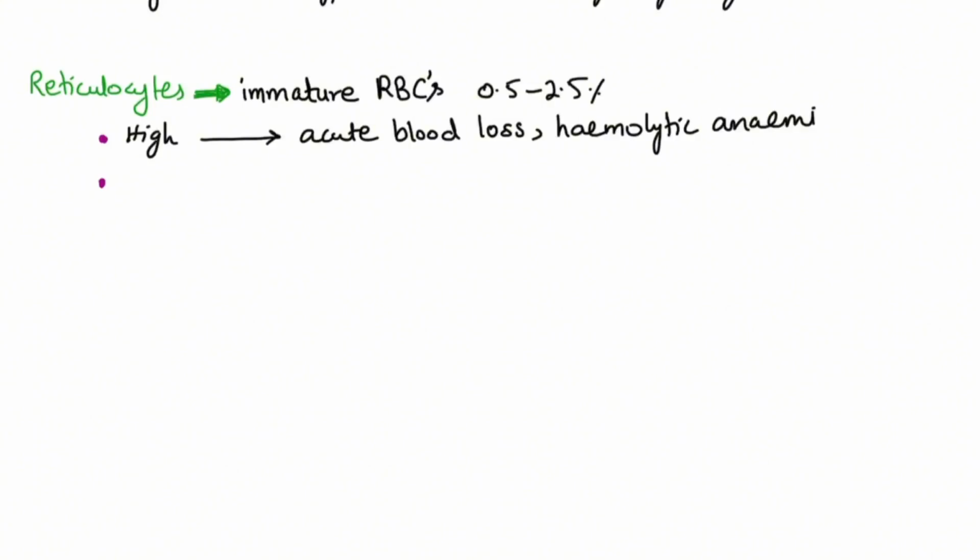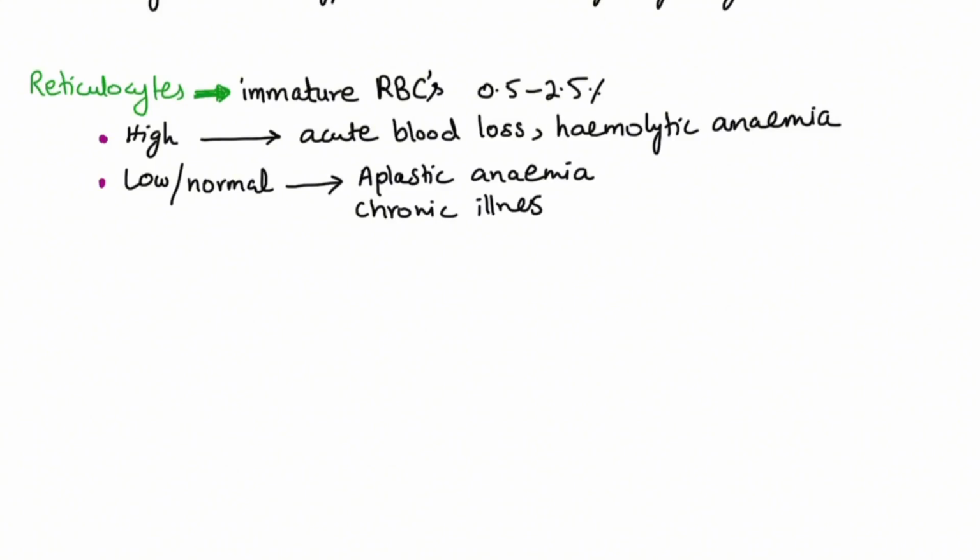Why? Because in that kind of state, there is depletion of the red blood cells and, with that, the hemoglobin, so there is more demand and the bone marrow will be producing more cells. It could be low in aplastic anemia, chronic illnesses, and chronic kidney disease.